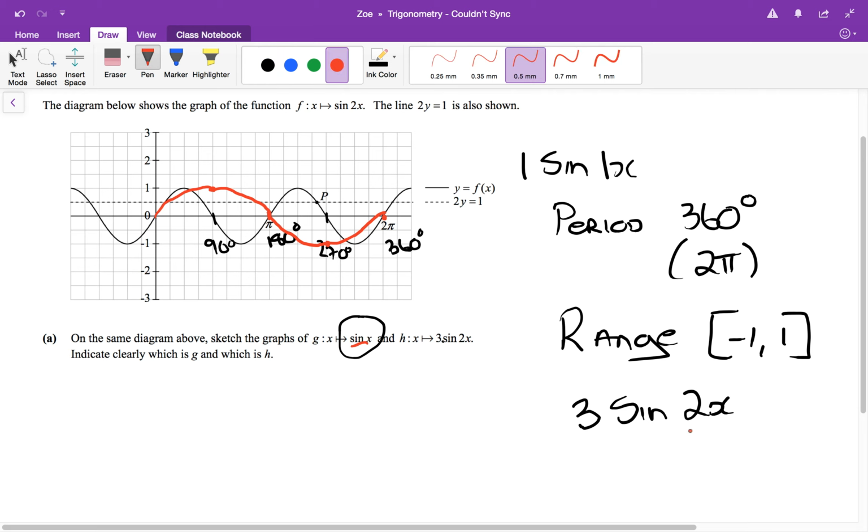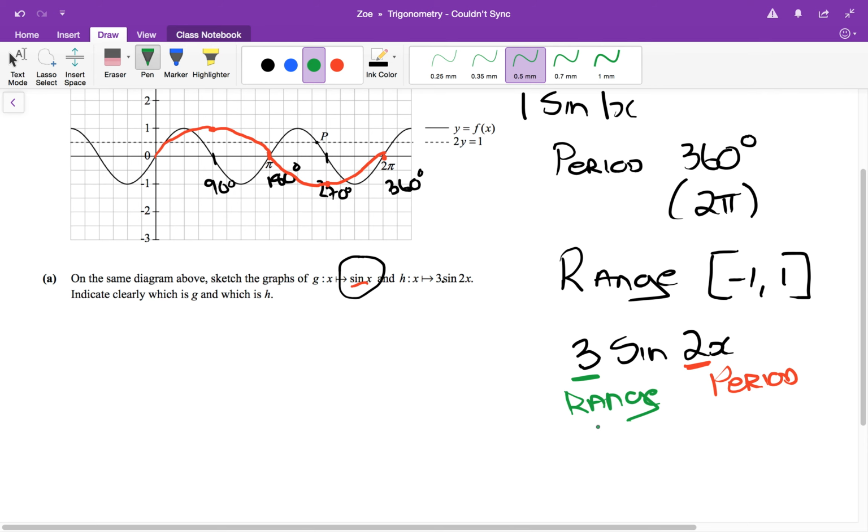So essentially the 2 affects the period and the 3 affects the range. What the 3 does is the easier one. Instead of the range going from -1 to 1, it goes from -3 to 3.